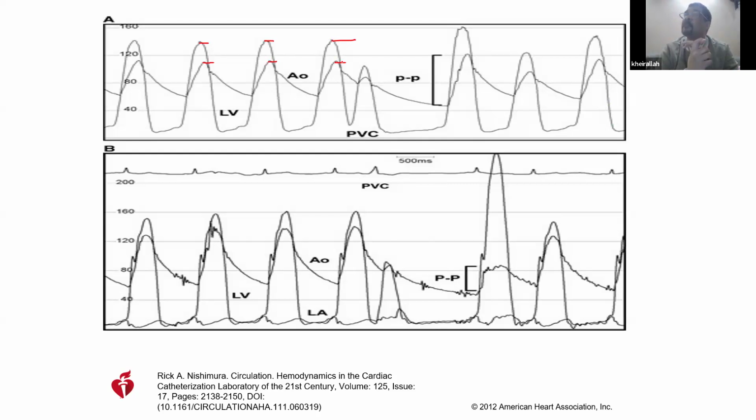It might mean Hookham, right? Now we have a PVC. After the PVC, look at the gradient and compare it to the baseline gradient. Does it increase, decrease, or remain the same? It increases. Why does it increase?